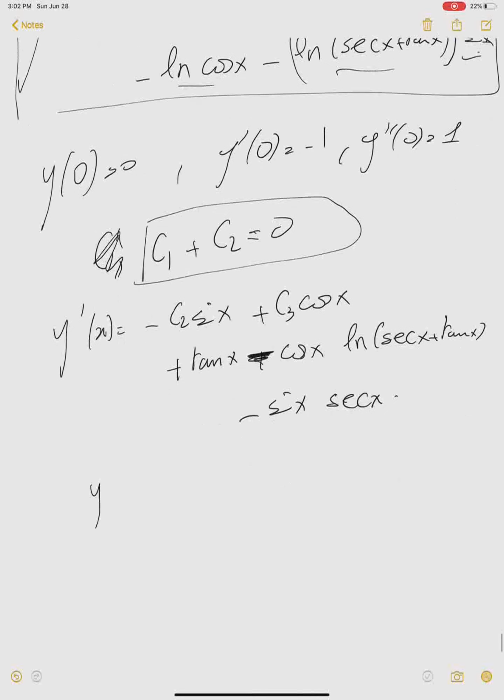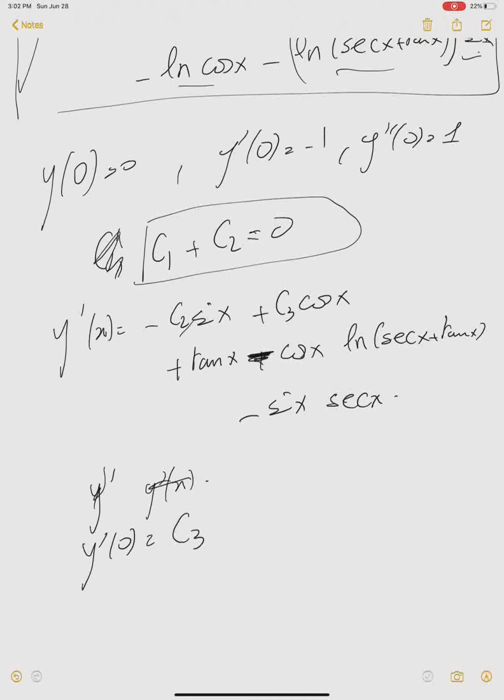So this means y prime of 0 is equal to, now this will cancel, C3 cosine x, okay, this will be good.